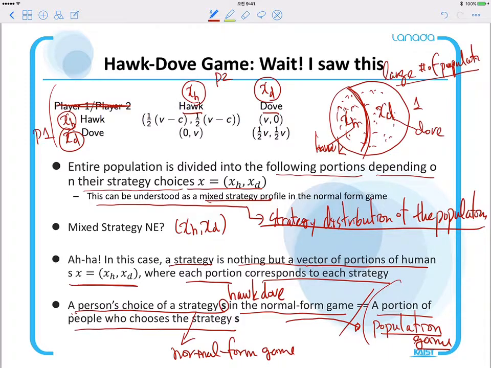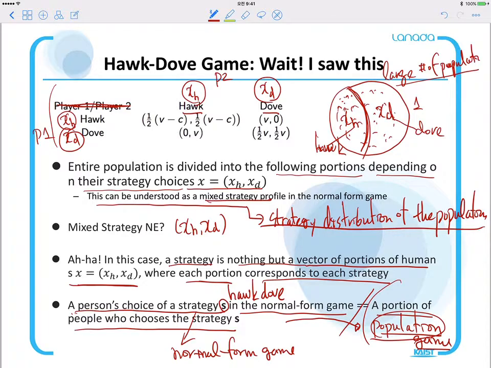Again, we're going to look at more general formulations of the population game. The reason why we use the word population is that we consider each player as infinitesimally small, which means it does not make any impact on the payoff changes.